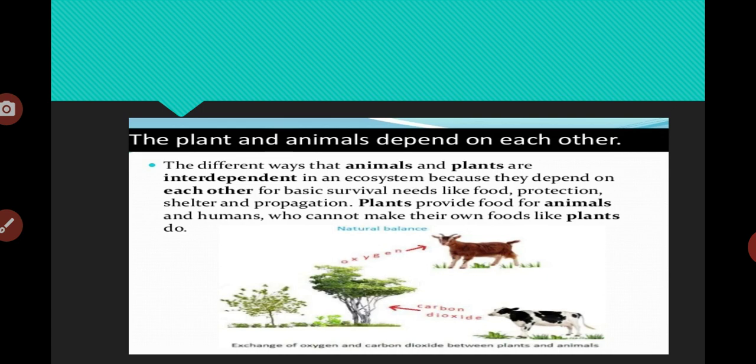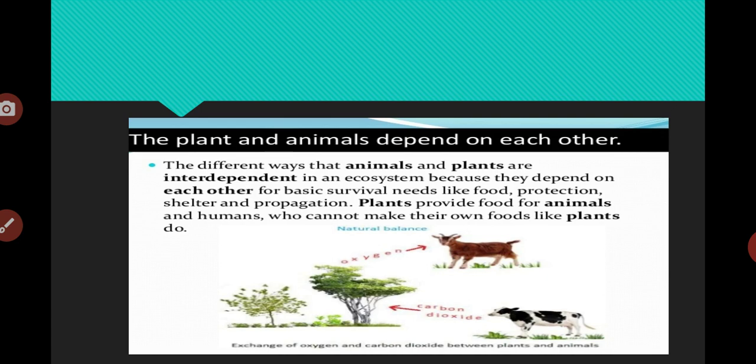Plants provide food for animals and humans who cannot make their own food like plants do. Green plants provide food to human beings and animals in the form of vegetables, fruits, nuts, and grains. Animals cannot live without this food.